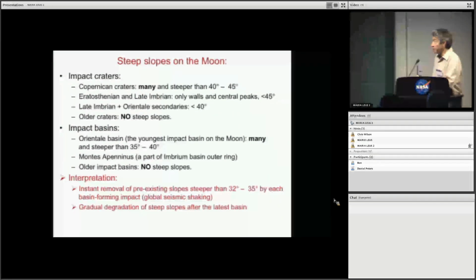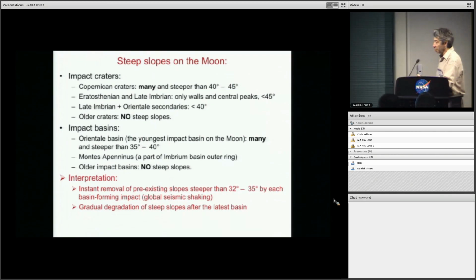So our interpretation. First, we see that old craters don't have steep slopes. Our interpretation is that each basin-forming impact erases all pre-existing very steep slopes.